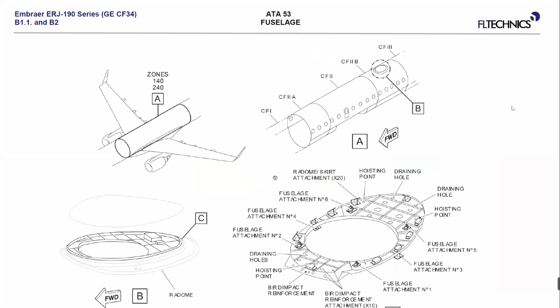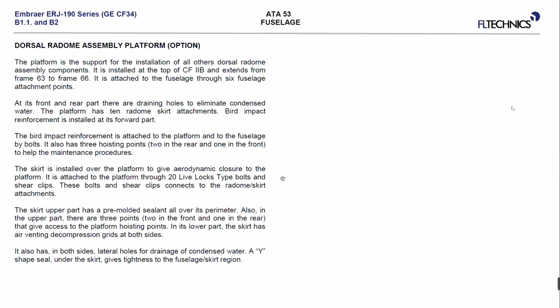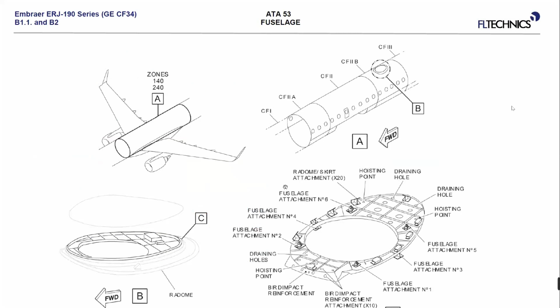Okay, we have one option, dorsal radome assembly option, which is for example, some additional equipment like satellite communication or maybe Wi-Fi service.